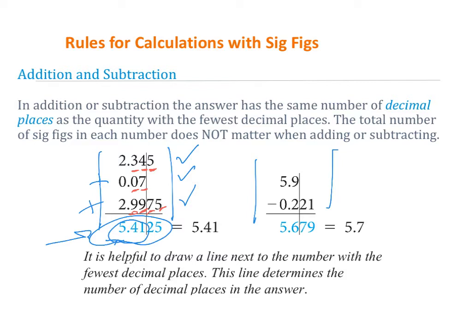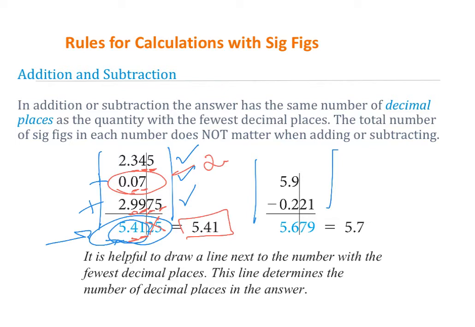The one with the least is this middle number, 0.07. It only has 2 digits to the right of the decimal. What that tells you then is your answer can have no more than 2 digits to the right of the decimal. All right, so the correct answer here is 5.41.